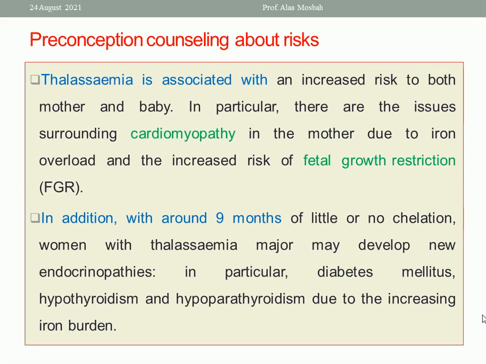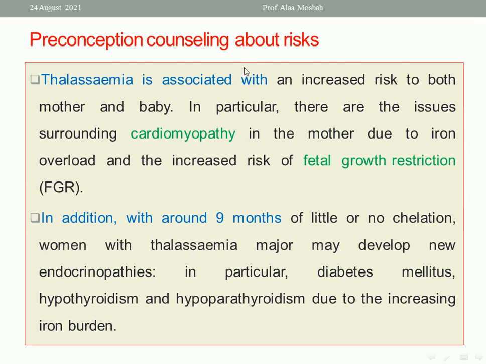Because during pregnancy, you are trying to avoid chelating agents due to their hazards, possible side effects, and fetal teratogenic effects. So avoiding these chelating agents may predispose to other problems, such as the development of endocrinopathies like diabetes mellitus, hypothyroidism, and hypoparathyroidism, due to increased iron burden because you are not using chelating agents during pregnancy.